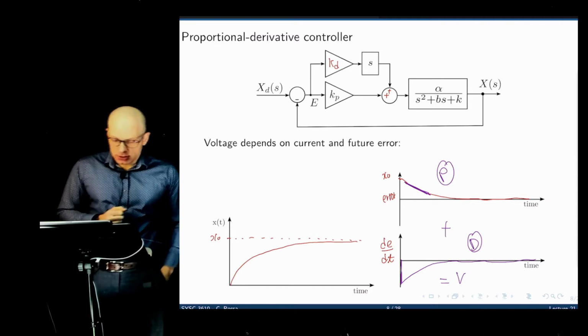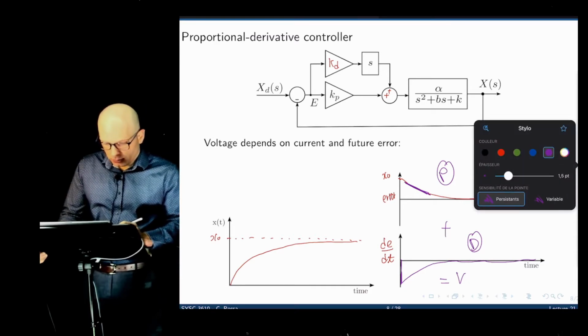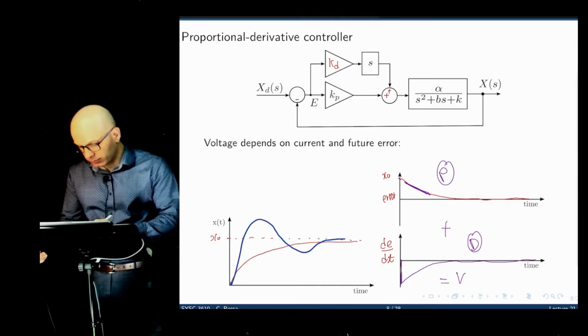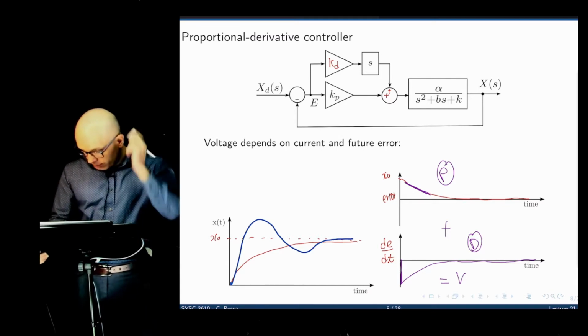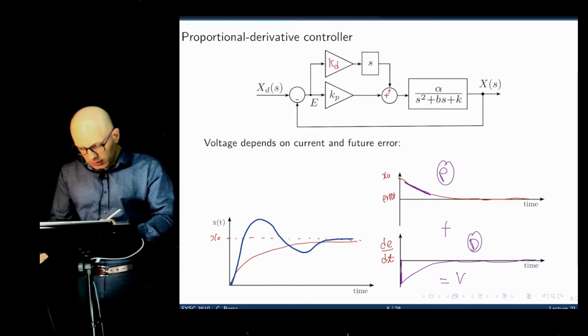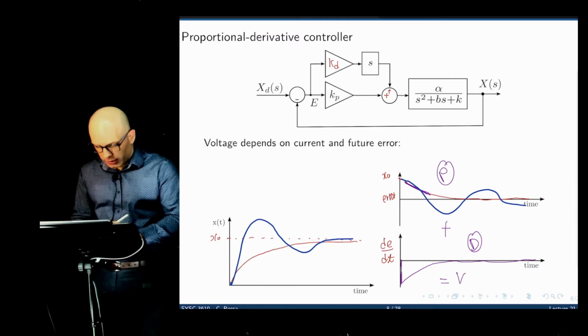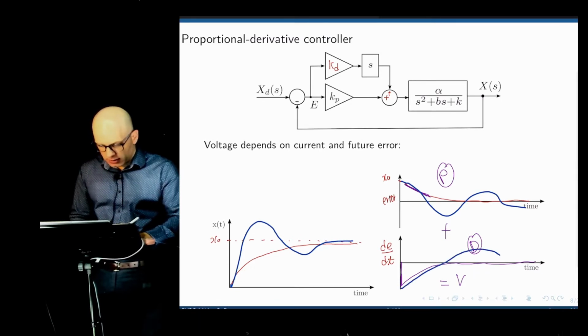It could be the opposite. We could also have a curve that would maybe overshoot a little bit like this. All right, so what would be the error? The error would be positive and negative in some instances. It would be something like that. For some parts the error would be negative, then it becomes positive, then it becomes negative.